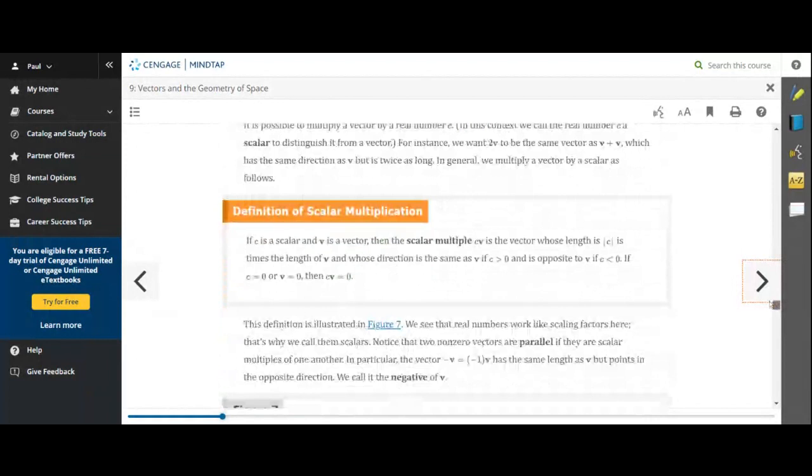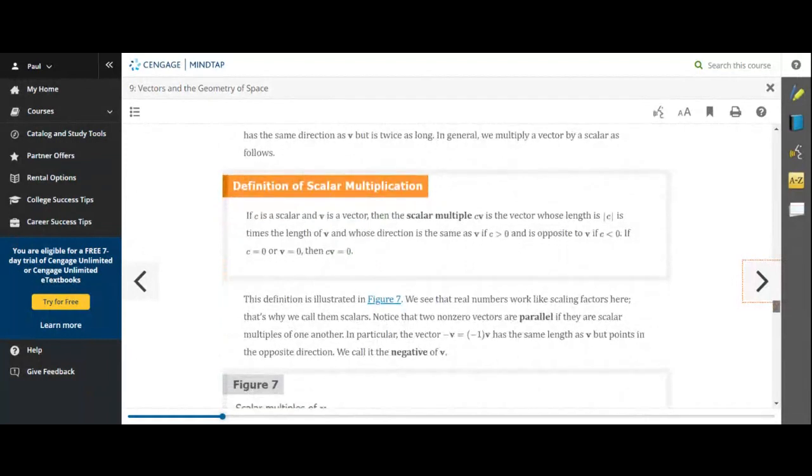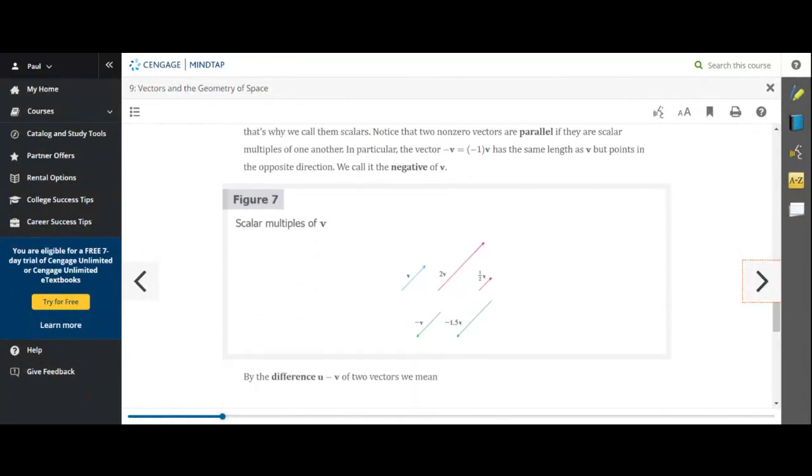All right, scalar multiplication. They give a definition here. Let's go to an example, figure 7. So here, in this picture, they have a vector v. And you can see in figure 7 that 2v, well, how much longer is the vector 2v compared to v? How much longer is it? Does it look like?